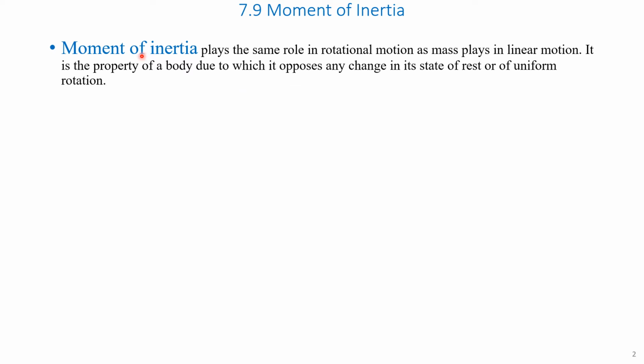Moment of inertia. Moment of inertia plays the same role in rotational motion as mass plays in linear motion. It is the property of a body due to which it opposes any change in state of rest or uniform rotation.